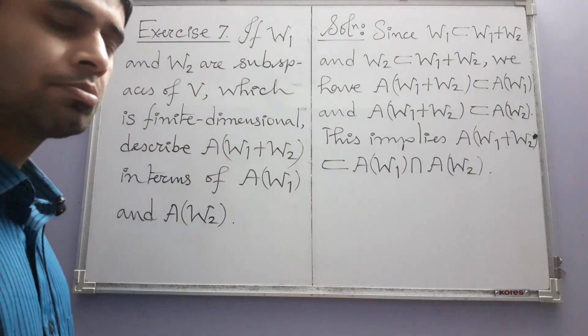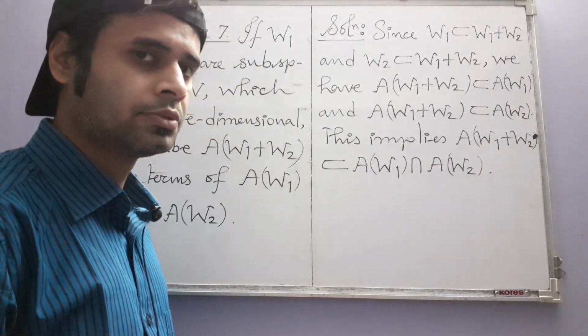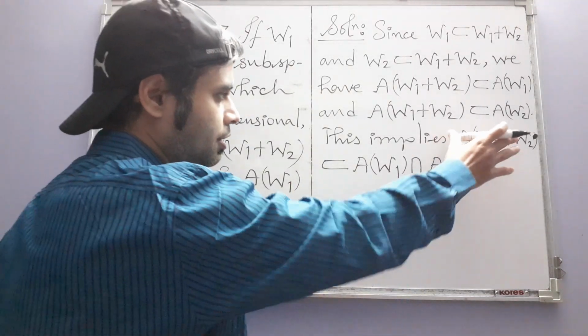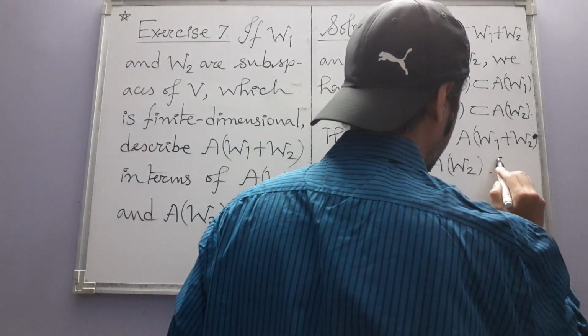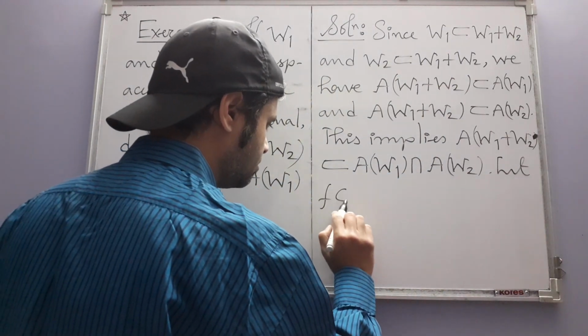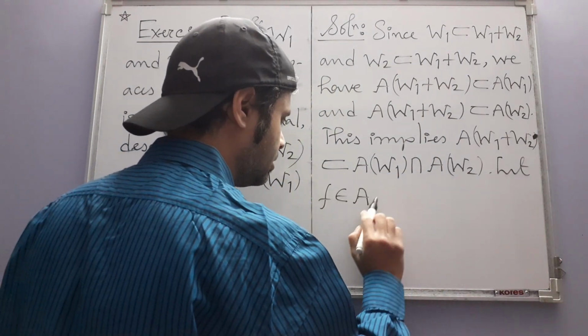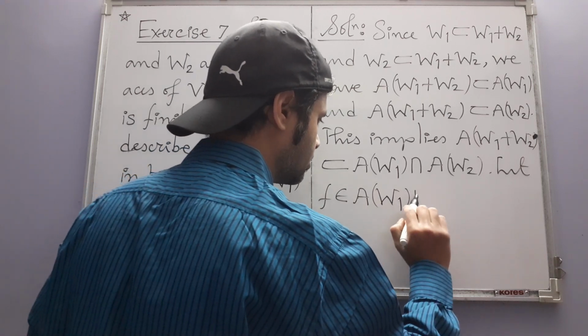We are now going to prove that the reverse inclusion is also true, and once we show that, these two things will be equal. So let F be any element in this intersection.